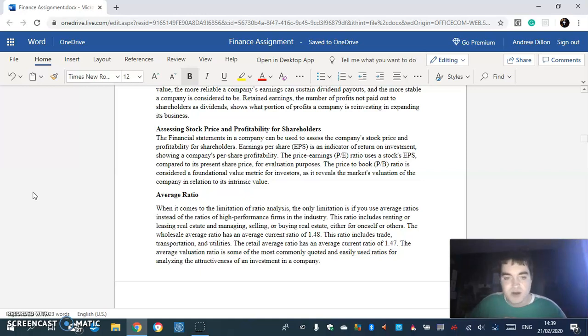The wholesale average ratio has an average current ratio of 1.48. This average ratio includes trade, transportation, and utilities. The retail average ratio has an average current ratio of 1.47. And the average valuation ratio is some of the most commonly quoted and easily used ratios for analyzing the attractiveness of an investment in a company.